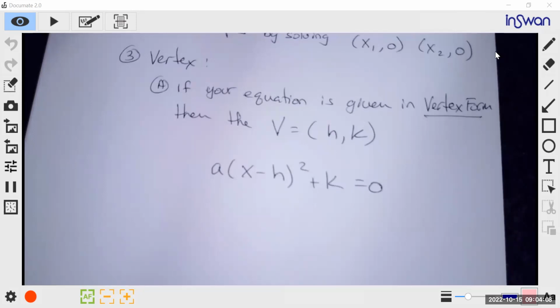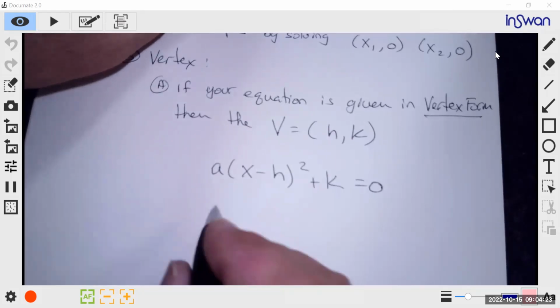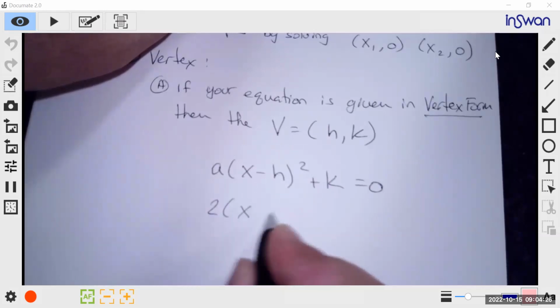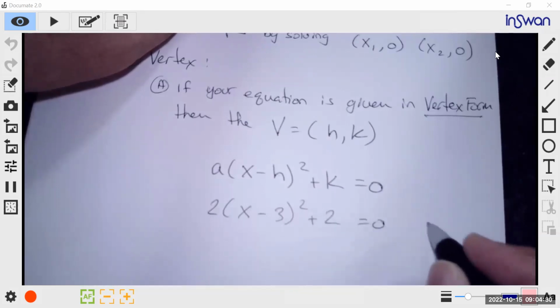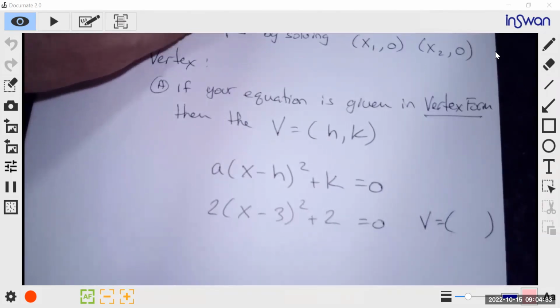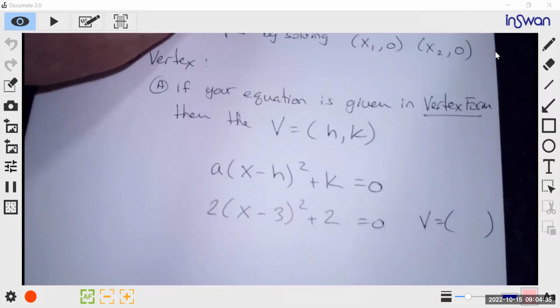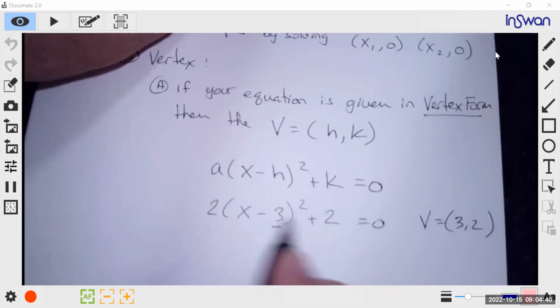That's the vertex form. So if I had x minus 3 squared plus 2, what would be my vertex? It's whatever's inside here. It's the opposite sign of that and this number.